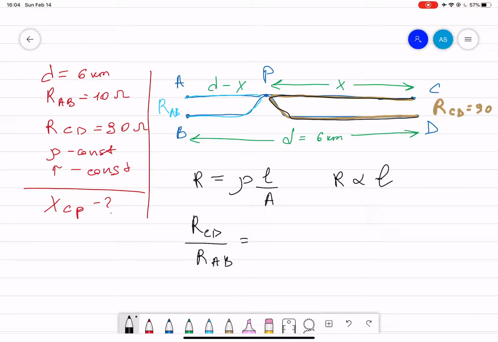So therefore it's equal to 2 times X, over the distance that is measured between point AB, which is equal to 2 times (D minus X). Okay, now D is obviously equal to 6 km.